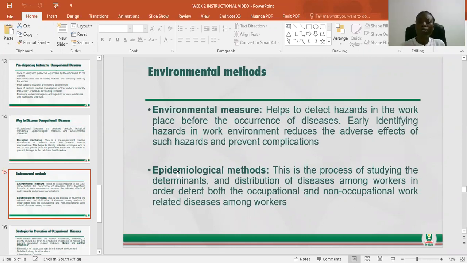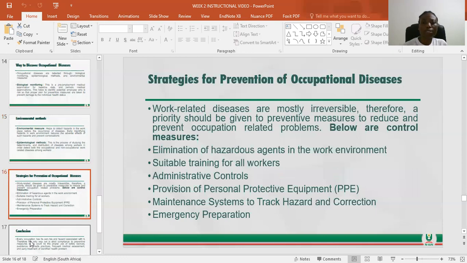So you want to see how many of the workers have this ailment? What is the determinant of it? So all these things are ways of discovering occupational diseases.